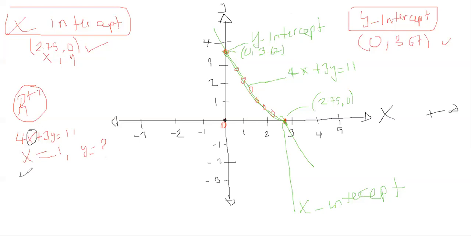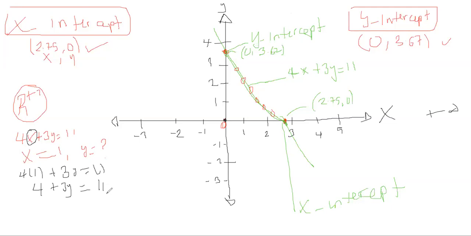So it will be 4 times 1 plus 3y equals 11. At the end of the day, we'll have 4 plus 3y equals 11.